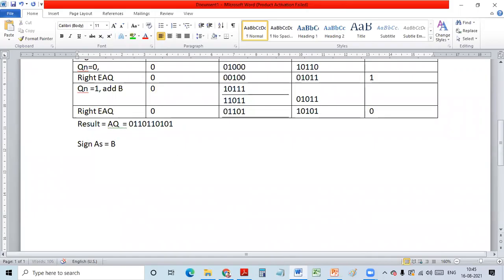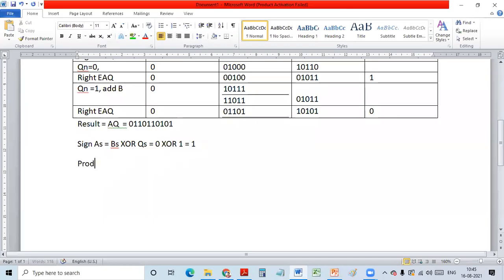AS is equal to BS XOR QS, right? BS holds the multiplicand, whose sign is positive, and QS holds the multiplier whose sign is negative. So hence 0 and 1, the result is 1. Okay, the sign component. So the total result includes the sign.